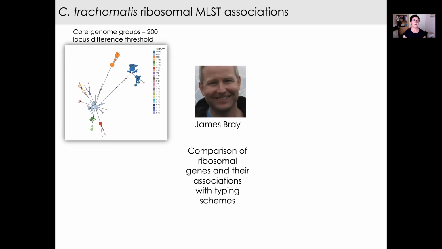So all of these isolates in orange here not only do they cluster in their ribosomal MLST alleles, but they also belong to the same core genome group at this threshold of 200 or fewer loci. Similarly then for these ones in blue here. So you can see that there's a high congruence here between ribosomal MLST and core genome group.